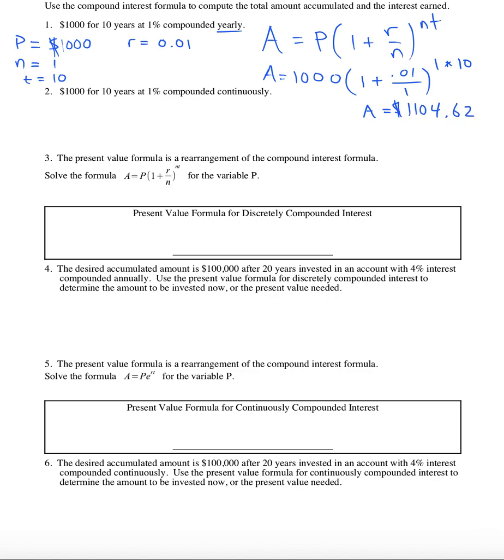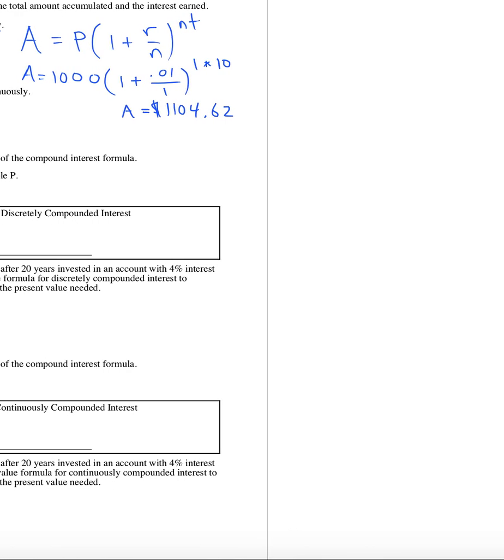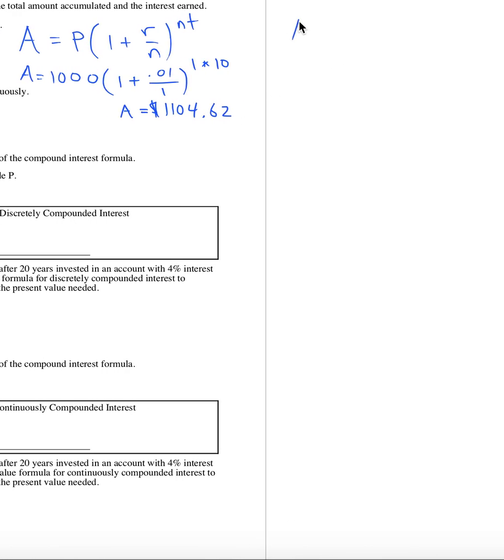Now in order to go to the next step, to find the interest earned, we have to use that old formula of A equals P plus I. The accumulated amount in the account is the principal plus the interest.